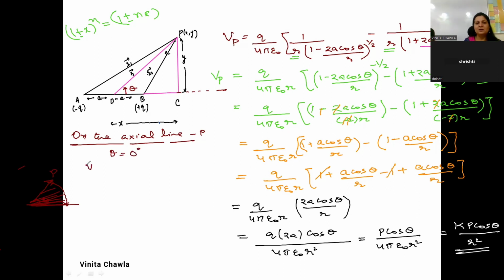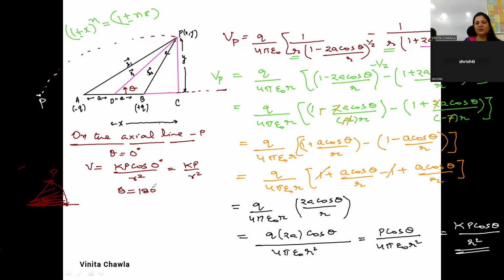So value of V becomes Kp cos 0 degree by r square. Cos 0 degree is 1. So Kp by r square. And what if I move this P to the other side? If we move this P to the other side, somewhere here, then what is the value of theta at this point? 180 degree.